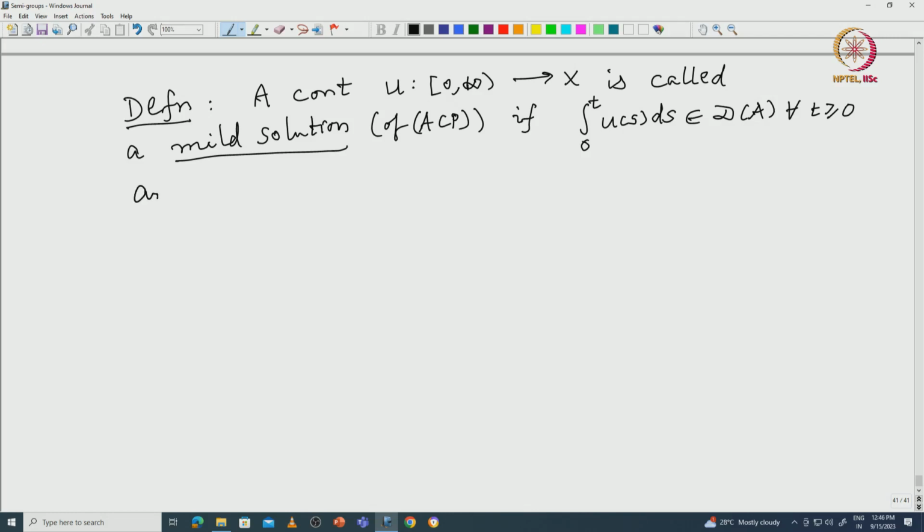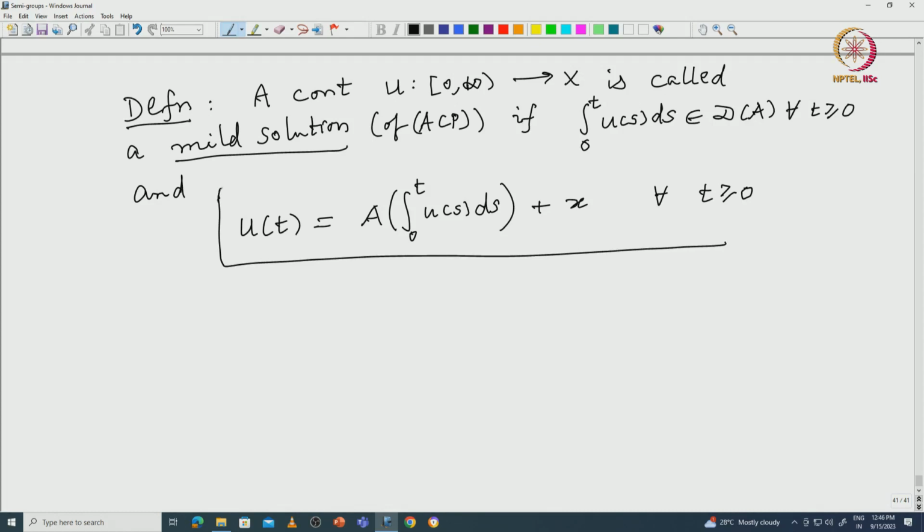So this u(t) is equal to A of the integral from 0 to t of u(s) ds plus that initial condition x, for all t. So, this is obtained by integrating the equation in the ACP. Okay. So, this is called a mild solution.